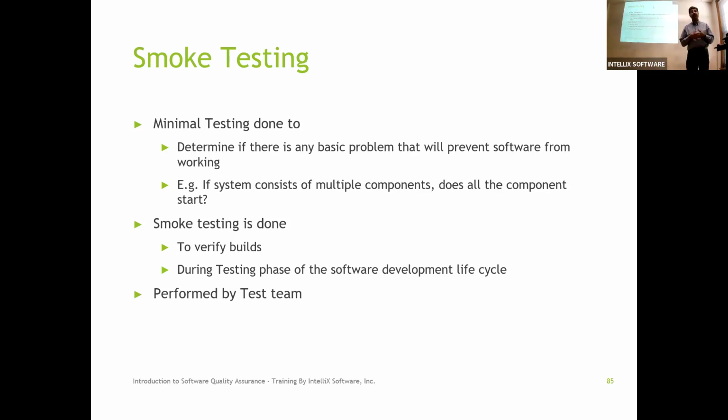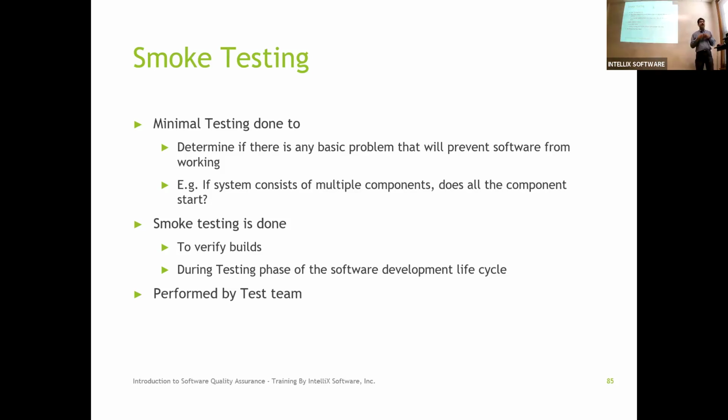You're probably going to do a simple login into the system and see if it allows you to log in, pulls up the pages you expected to see, and allows you to access the database. So you're making sure all the components are at least working as expected for you to begin testing. Not functionally, but are they up and running as expected so that you can continue testing? That's known as smoke testing.